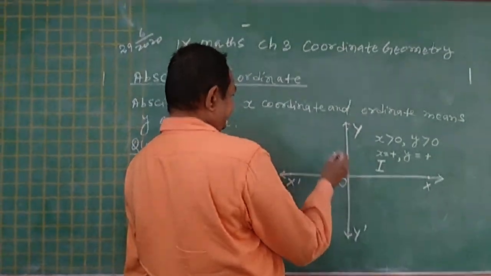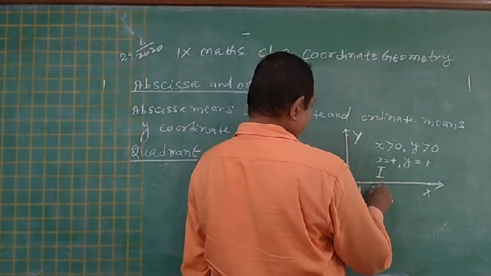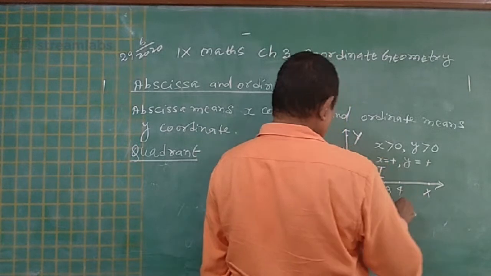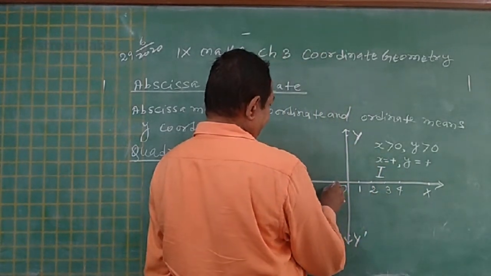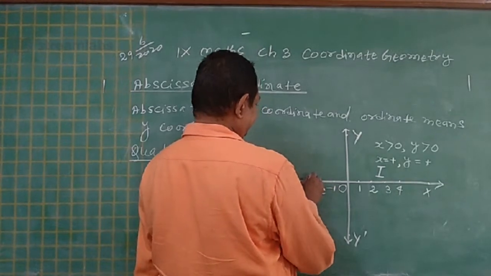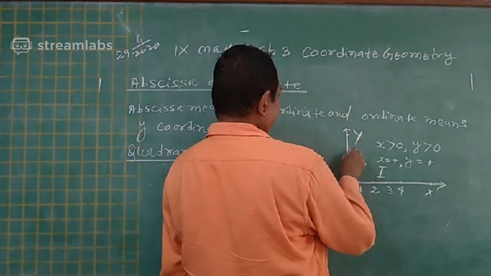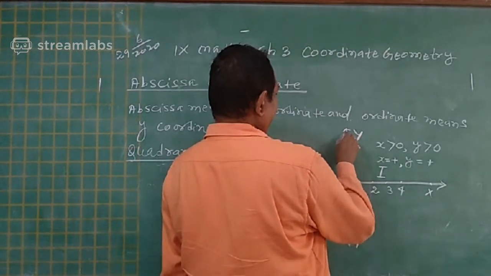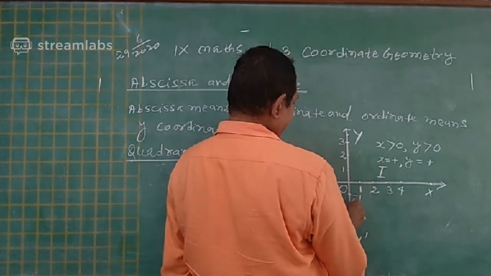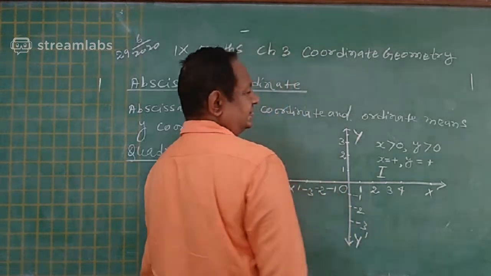Where x is negative, this side is -1, -2, -3.